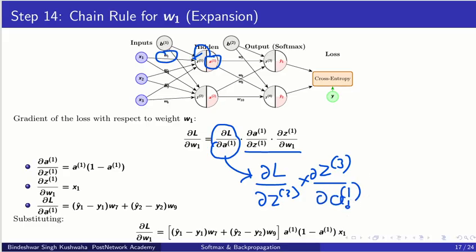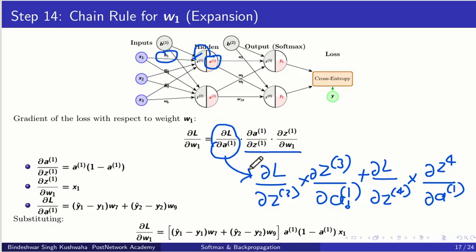Here we have expanded this one, plus one more term, because Z4 has also come here: plus del L upon del Z4 into del Z4 upon del A1.